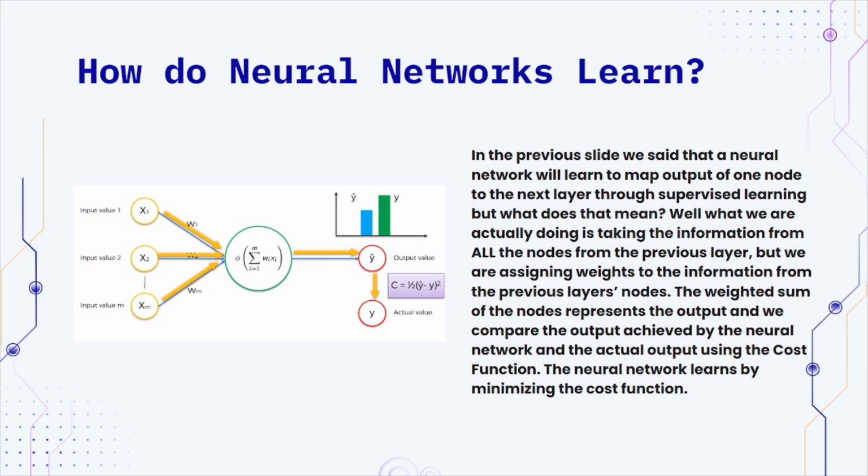Really, the crux of a model is in the weights, because the weights are what determine the price. How much this is valued, this is valued, this is valued, is really what's important. Think about houses.